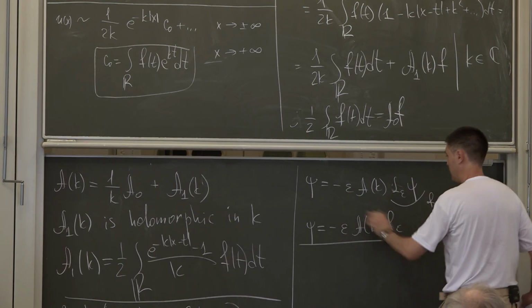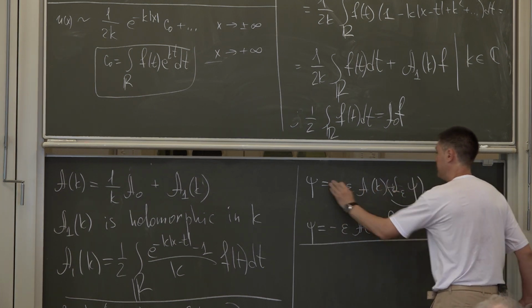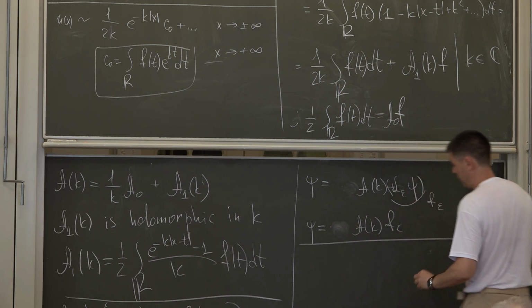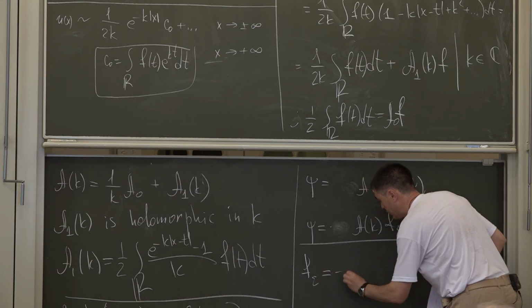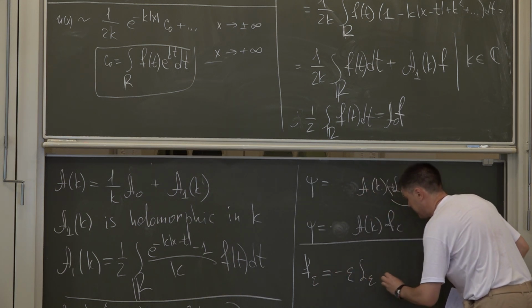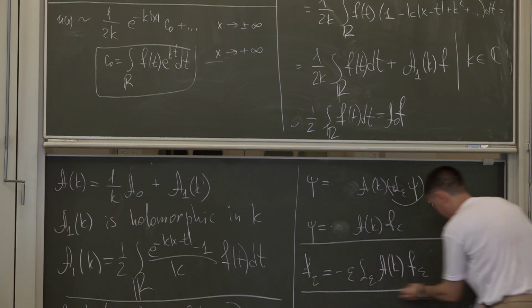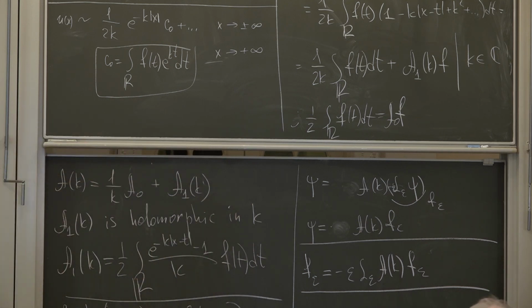Wait, let it be with minus epsilon here, like this. And then if I do it, I get here f epsilon equals minus L epsilon A of K f epsilon.